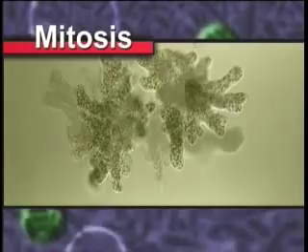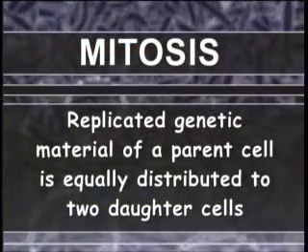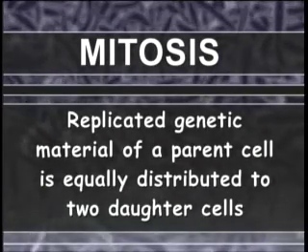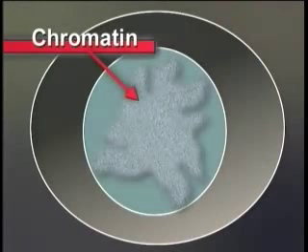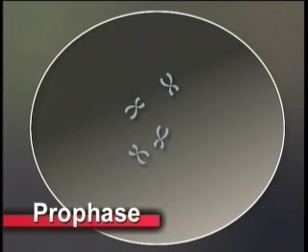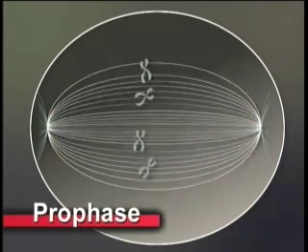Through a sequence of steps, replicated genetic material of a parent cell is equally distributed to two daughter cells. It starts as all the chromosomes or genetic material are organized into entangled structures called chromatin. In the first phase, called prophase, the chromatin condenses into distinct chromosomes, and spindles that provide the mechanics for the division form at opposite poles of the cell.